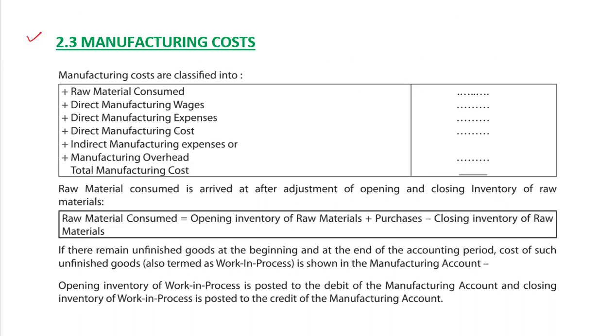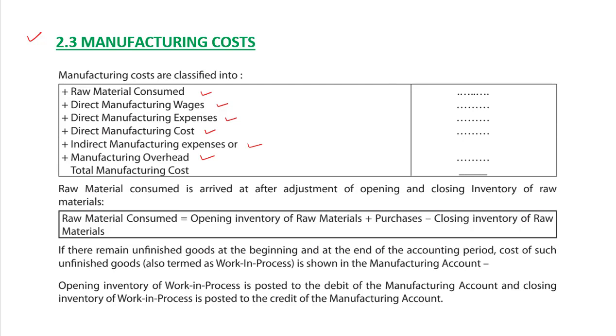Manufacturing cost, how to calculate it. Manufacturing costs are classified into raw material consumed plus direct manufacturing wages plus direct manufacturing expenses. So material, wages, that is labor, and expenses, plus indirect manufacturing expenses, that is manufacturing overheads, equal total manufacturing cost.